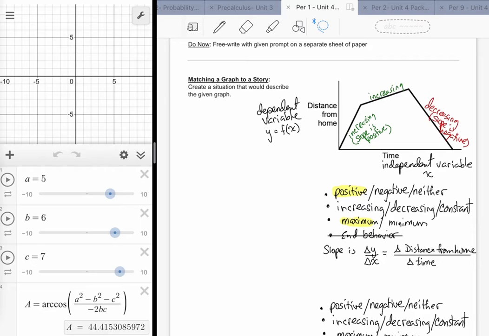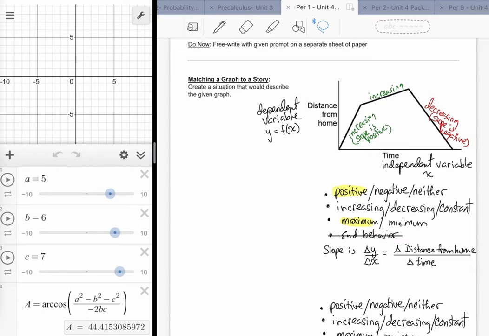All right, so when we talk about whether this graph is increasing or decreasing, we don't just say that it goes up. We say that it is increasing, but specifically, what is increasing? The distance from home is increasing based off of changes in time.